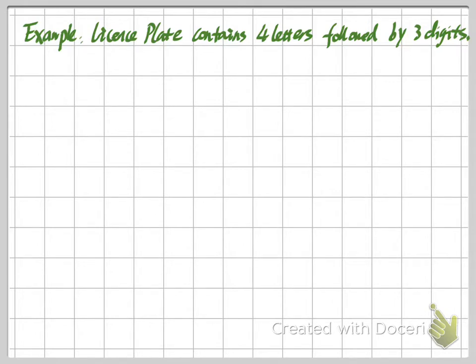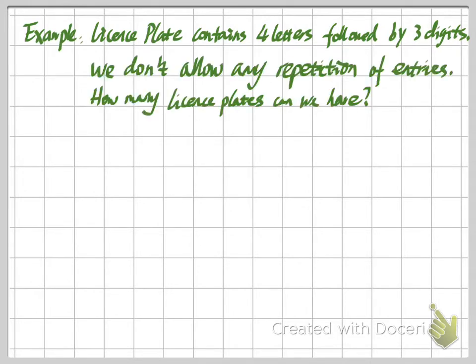And for the 3 digits, we can choose from 0, 1, 2, until 9, so we have 10 choices. However, it's a little different here: we don't allow repetition in each of the positions. So now the question is, how many license plates can we have?